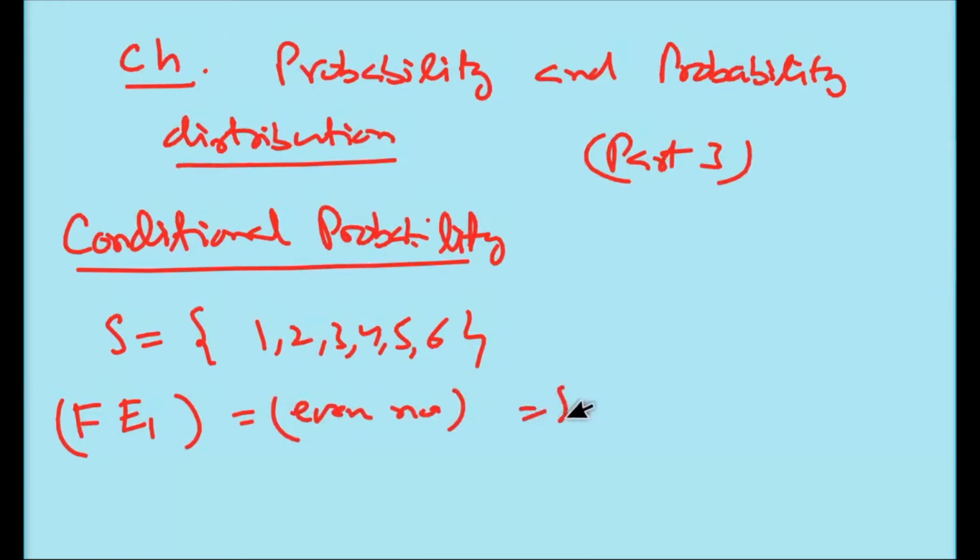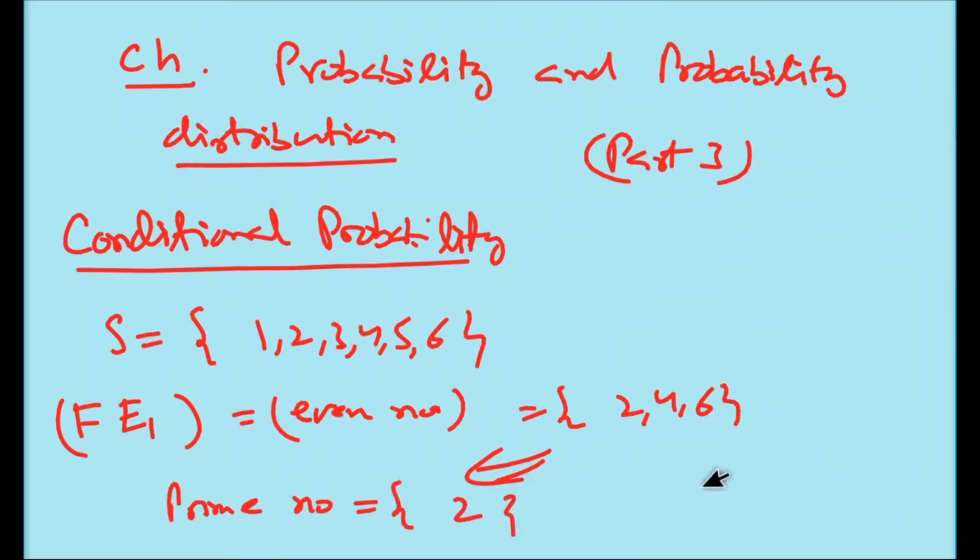So you find here 2, 4, 6, and from this you take a prime number. So you get 2 only. First we get an even number, then a prime number. So your answer is 2.